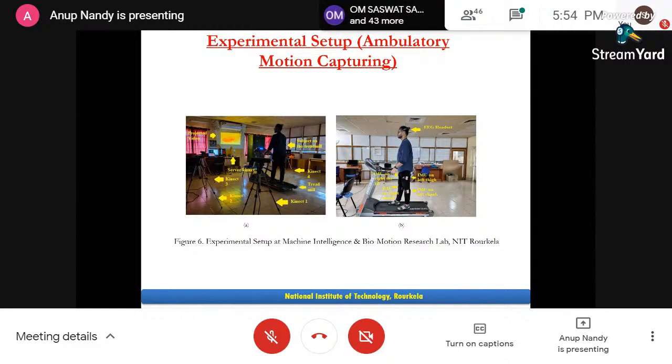At that time the person's data was captured: one is EEG data, another is gait data. Then I try to find the relationship between these cognitive states and the walking pattern. Sumit, my PhD student, is working in this area.